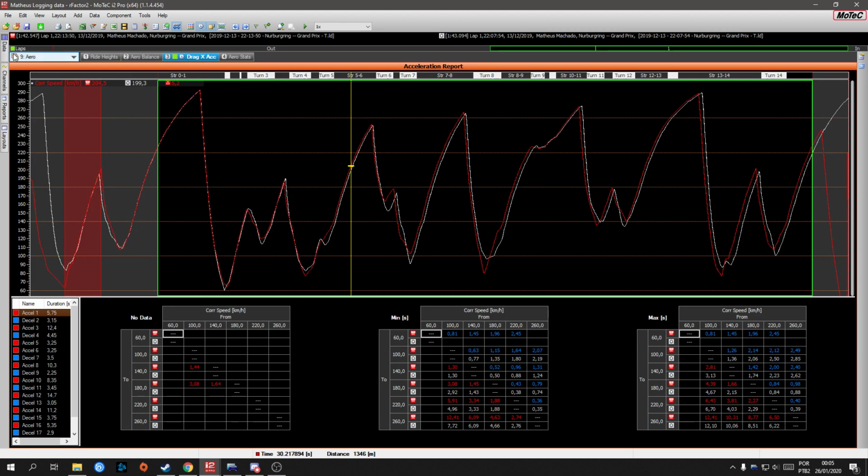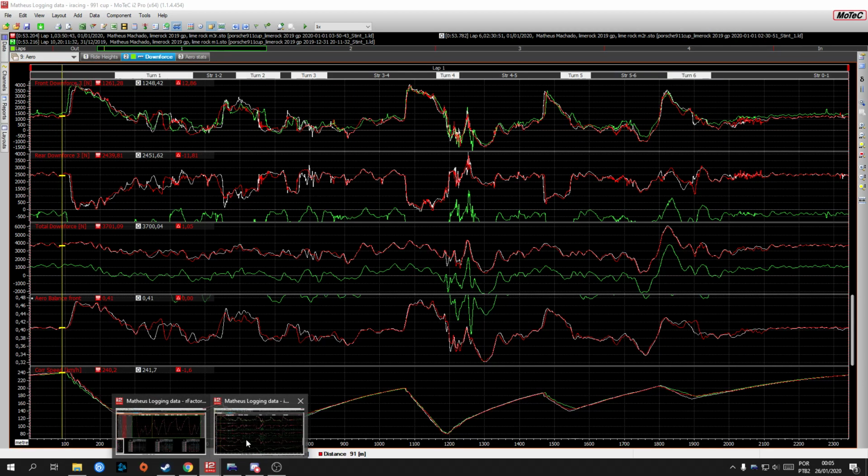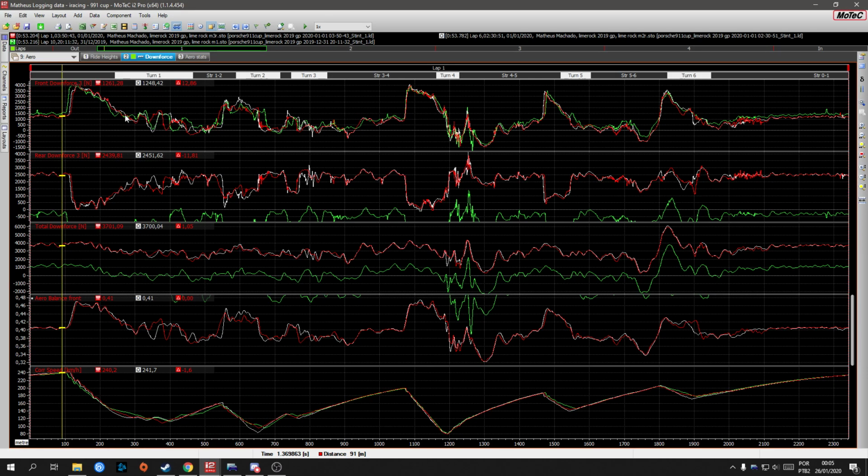And here is another example of a car where the ride heights have a really huge effect on how you run the car. So this is the Porsche 911 Cup in iRacing, and the green graph is running 130 millimeters of ride height at the rear, static measurement.